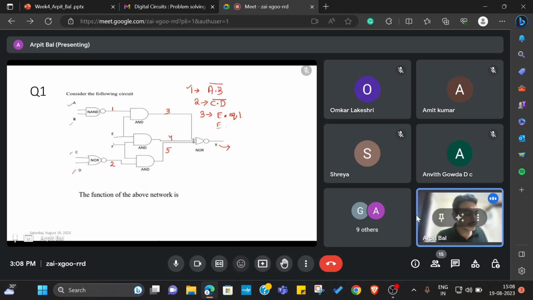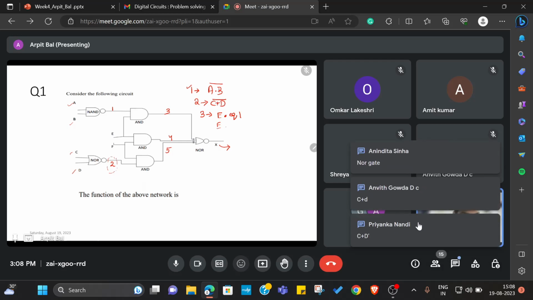Sorry, but second is this one, right? Oh sorry, second should be C plus D bar. Yeah, apologies.